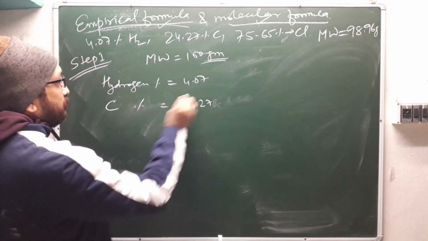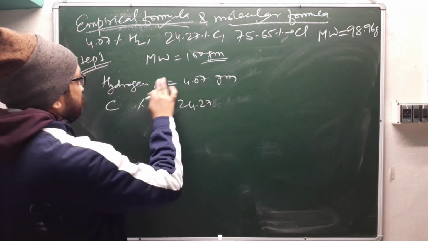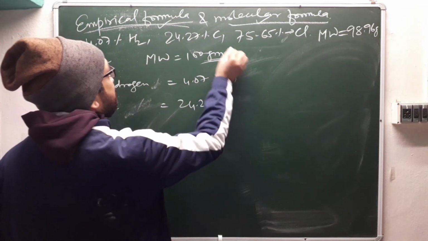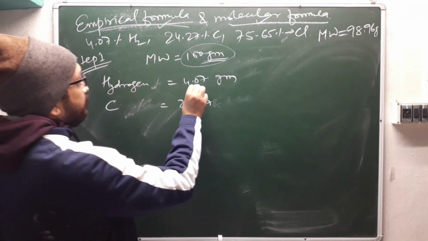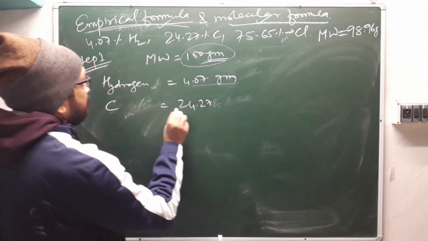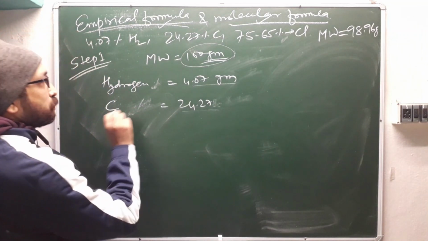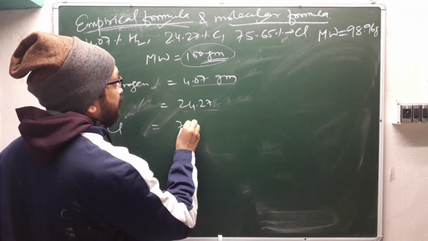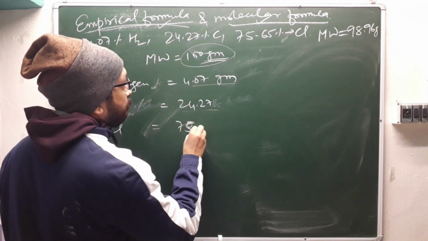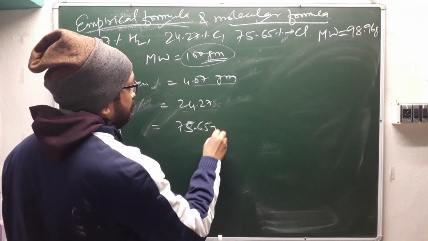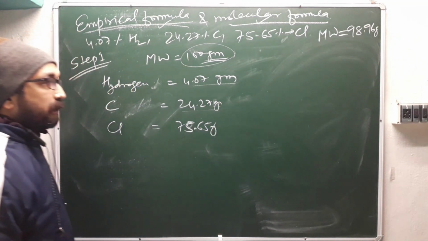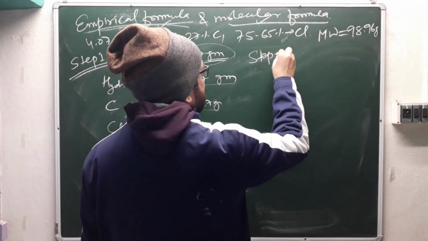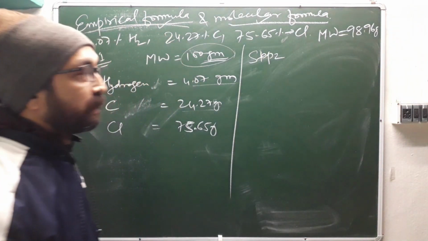We will not write percentage. Because we have considered 100 gram, hydrogen content is 4.07 gram, carbon content is 24.27 gram, and chlorine content is 75.65 gram. Correct?